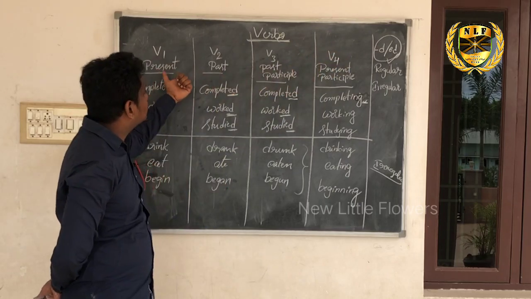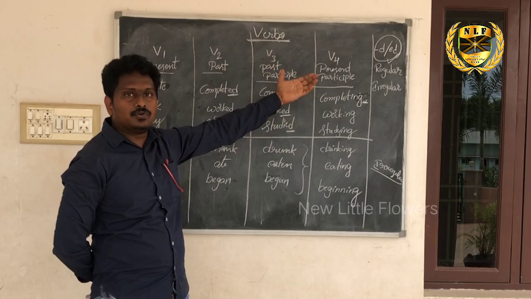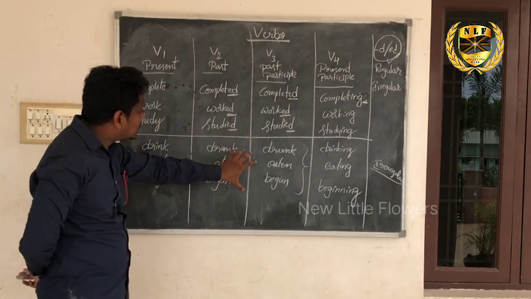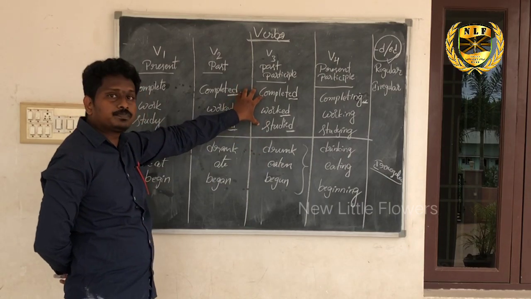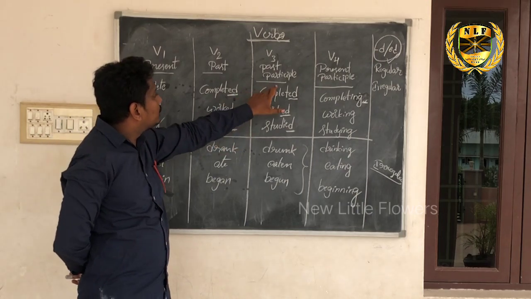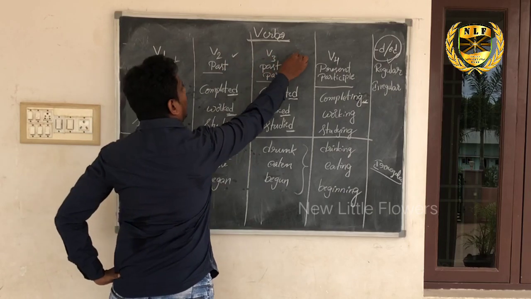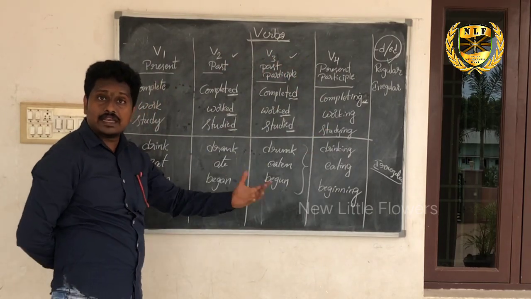And these are the names of these V1, V2, V3 and V4. Right? And the first set is regular verbs and the second set is irregular verbs. What is regular verb? When we add d or ed to its V1 form, it becomes V2 and V3. Such type of category, okay, is called regular verbs.